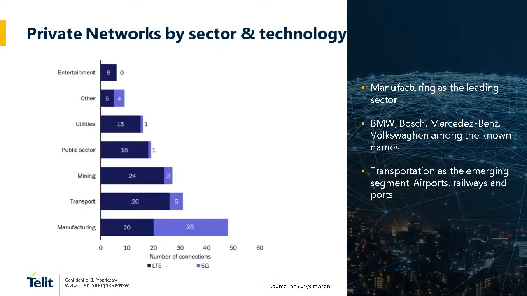Now, if we look at the different traction that the technology has today, the majority, as we said, of private network deployments are in the industrial sector. However, there are specific enterprises that are using private networks to connect, for instance, AGVs and industrial equipment. Many of the manufacturing firms using private networks are usually large and multinational companies, such as BMW, Bosch, Mercedes.